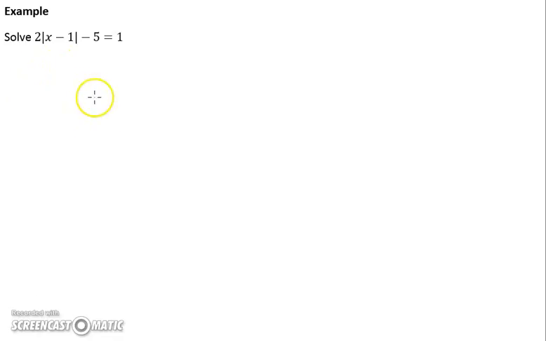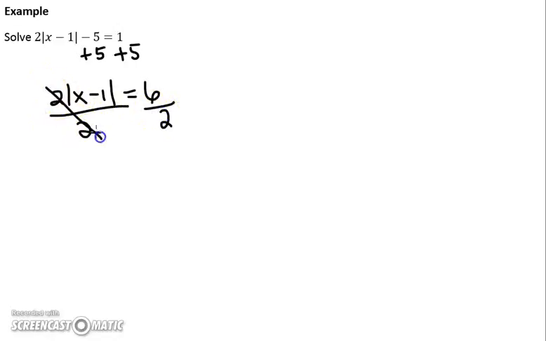So let's start by adding 5 to each side. 2 times the absolute value of x minus 1 is going to equal 6. The absolute value is still not isolated because we have that 2, so we have to divide each side by 2. Those are going to divide out. So absolute value of x minus 1 equals 3, since 6 divided by 2 is 3. Now we've isolated our absolute value.